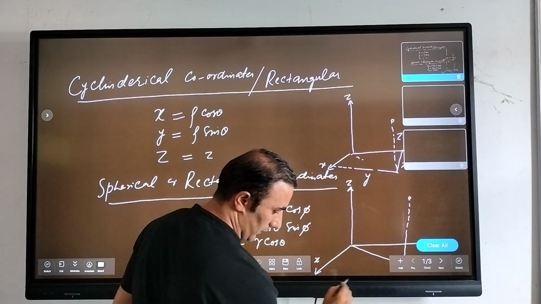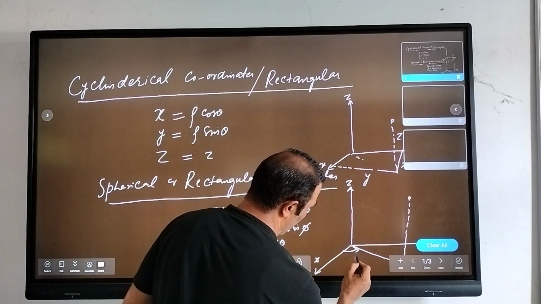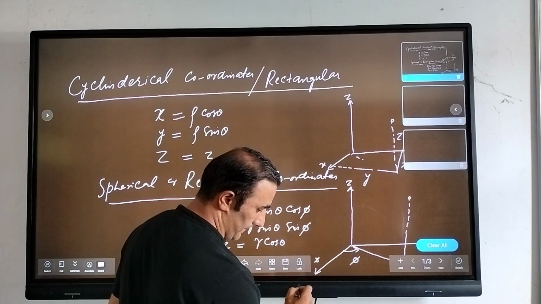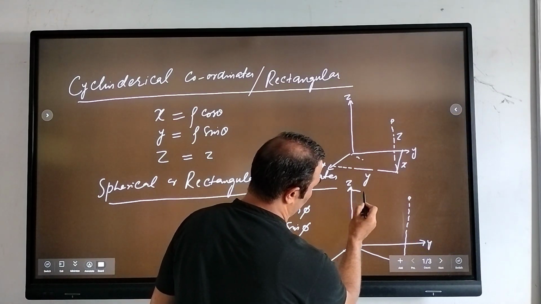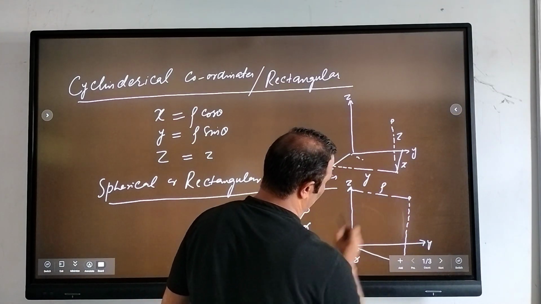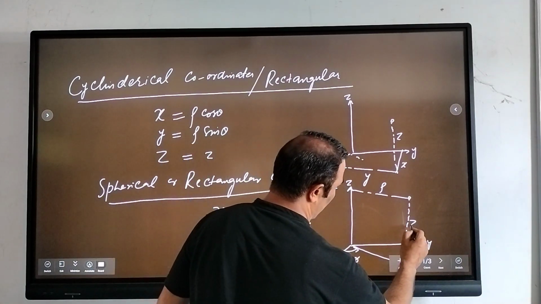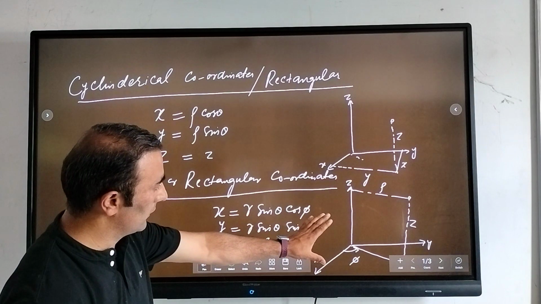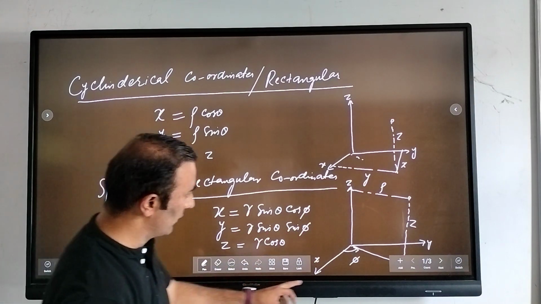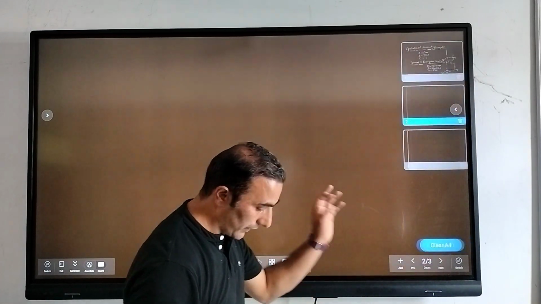So this is our phi, and this is our, okay? And similarly, this is our z here, right? So this is the rectangular or the cylindrical coordinates, and now for the spherical coordinates.